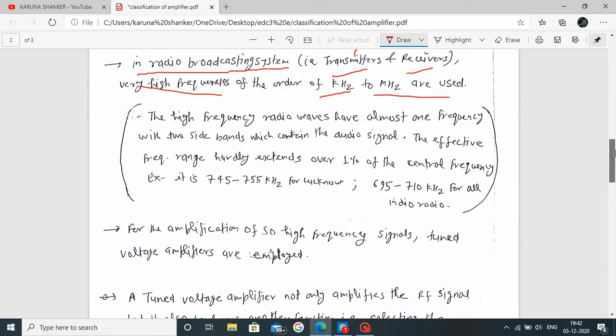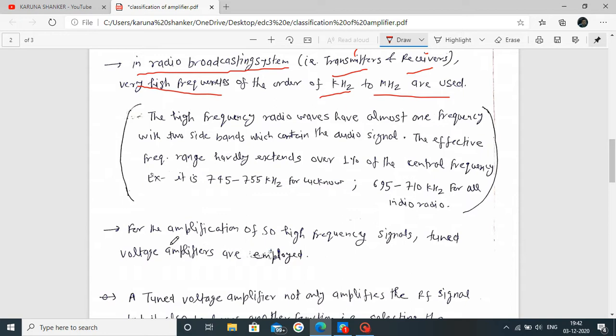Each station in the radio broadcasting system has a particular frequency. Now we want to amplify this high frequency, which is why we use a radio amplifier.